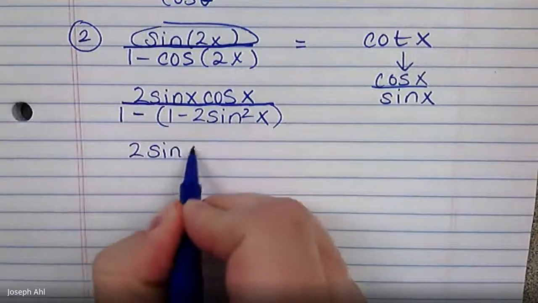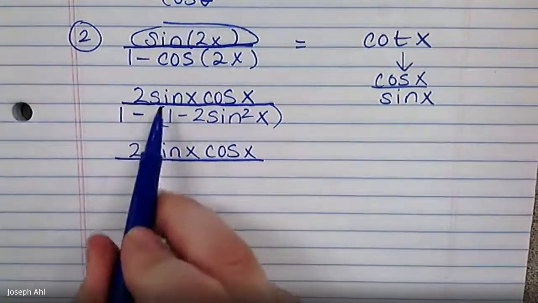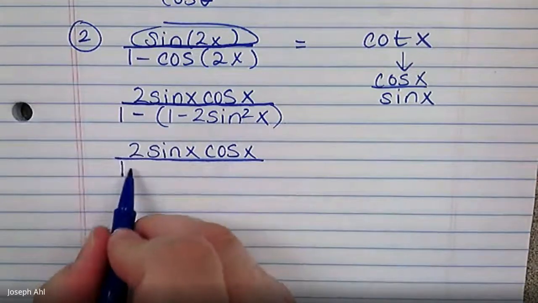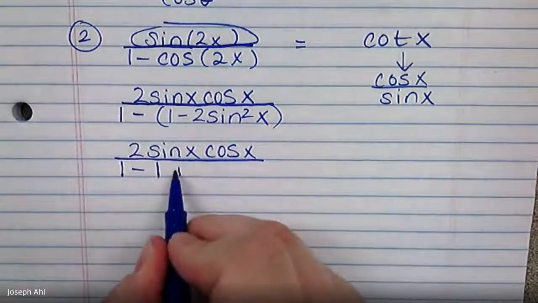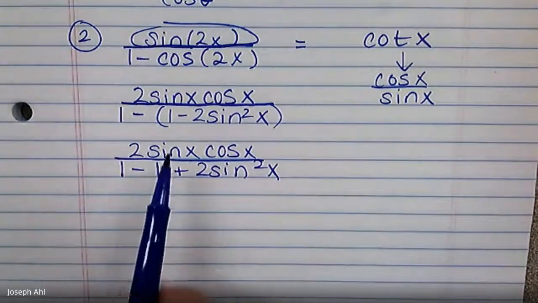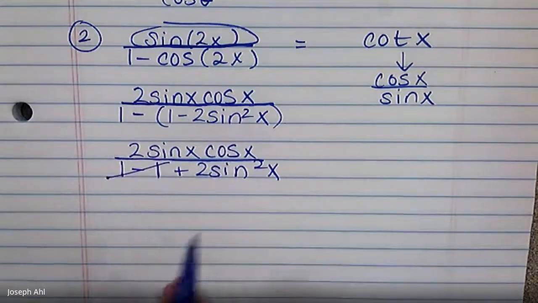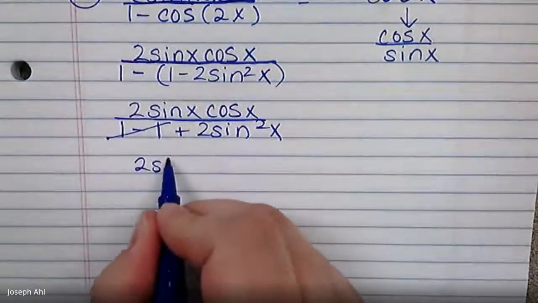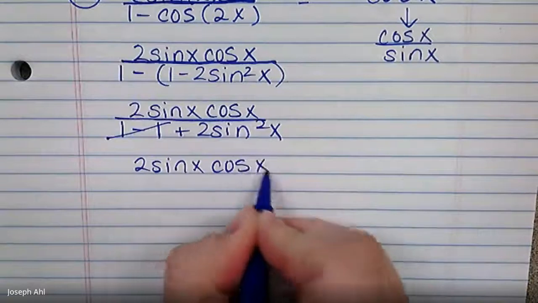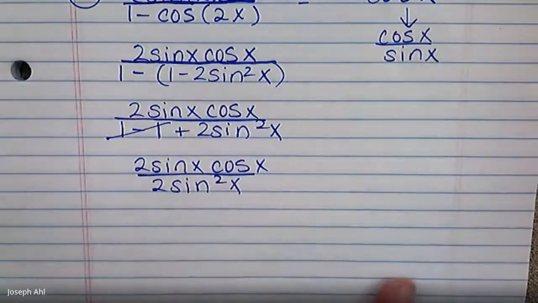All right, so we've got 2 sine cos on the top. In the next step, I want you to distribute that negative across to make it 1 minus 1 plus 2 sine squared. And now that that negative is distributed, the 1 minus 1 goes away, and we get 2 sine cos over 2 sine squared.